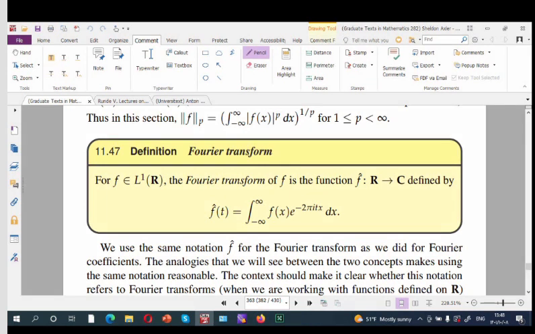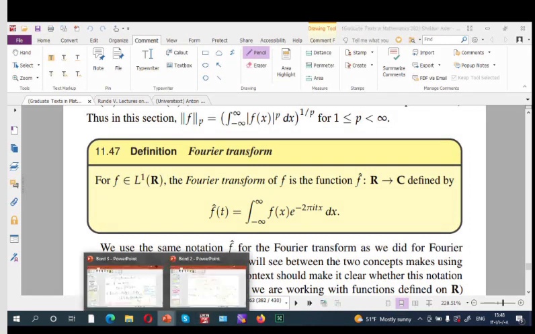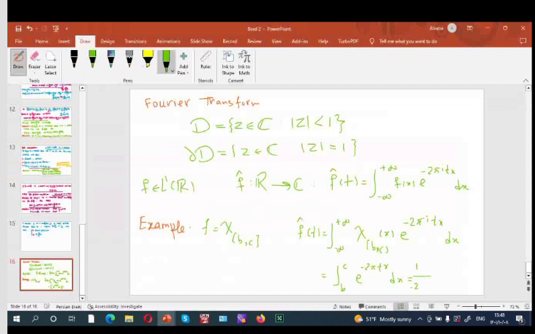F hat of t equal to this integral of f of x multiplied by this exponential function dx, so that for any f in L1 of R, f hat is this function.